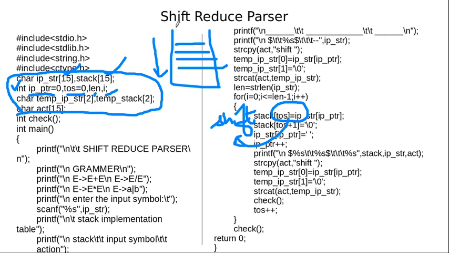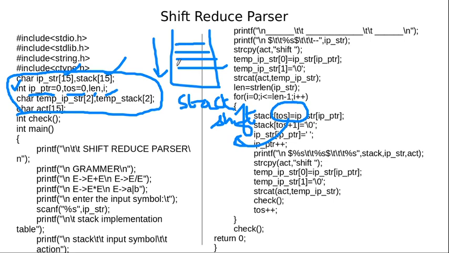Whenever we take the action of reduce, that reduce must be taken from the stack only. We are not considering all the symbols in the stack at once, only a limited set of symbols.